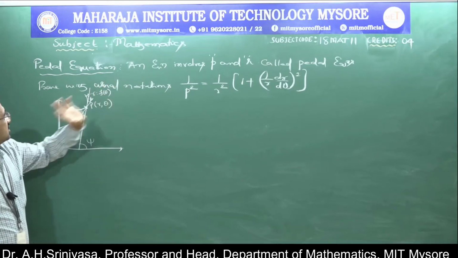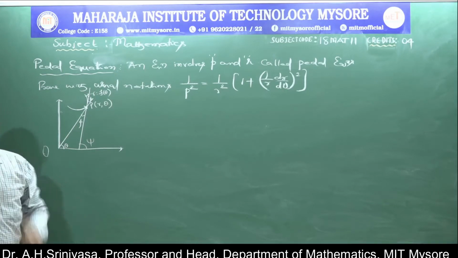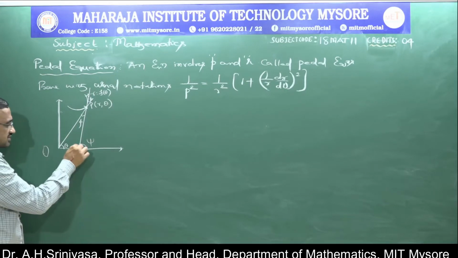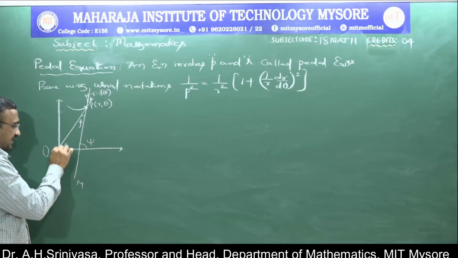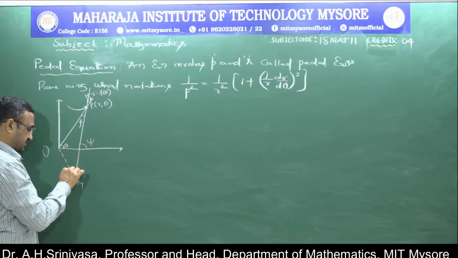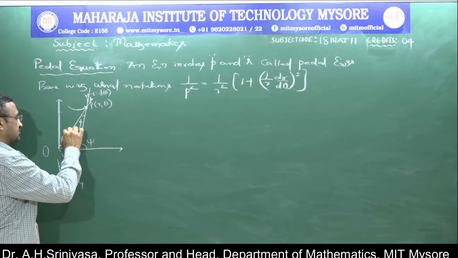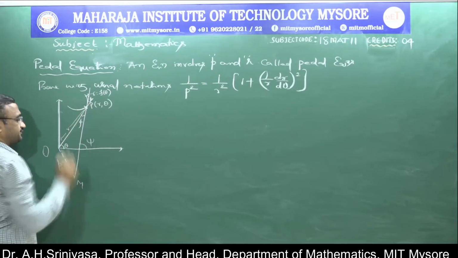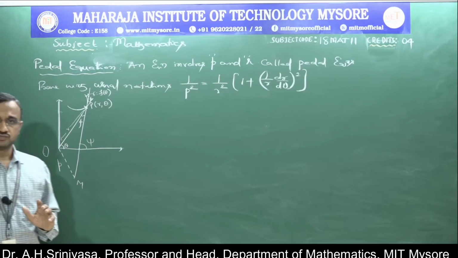Here they ask for the length of the perpendicular from pole to tangent. I extend this tangent, call a point M, and draw a perpendicular line from the pole to this tangent, and call it small p. This is your radius vector small r. This is the figure we are going to write down here now.